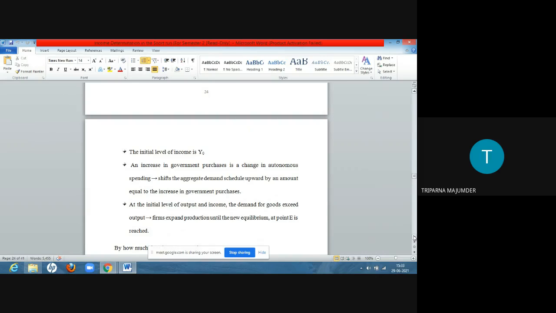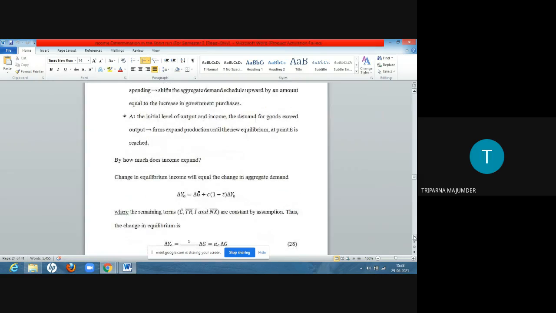At the initial level of output and income, demand for goods exceeds output. This leads the firm to expand production until a new equilibrium point is reached.